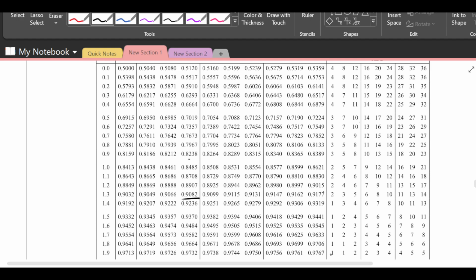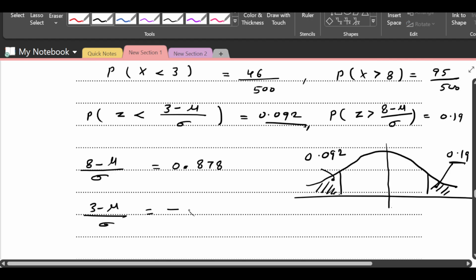If I say this, then 9080 minus 9066 is 14, so 14 is here. So it's 1.329, minus 1.329.